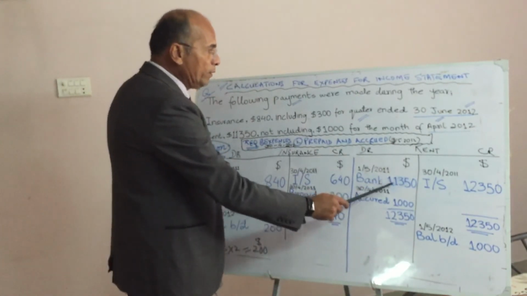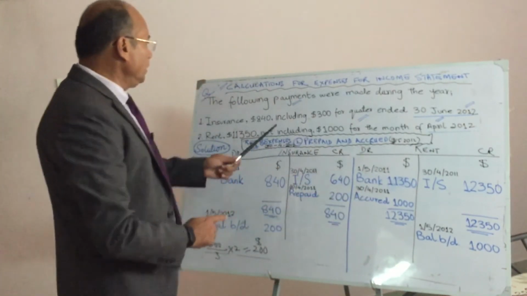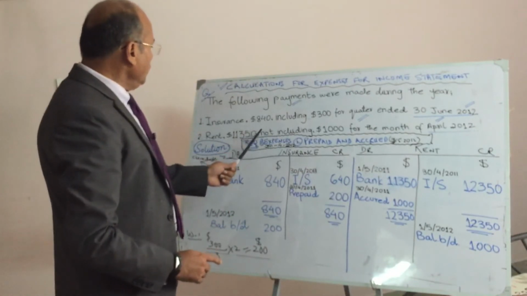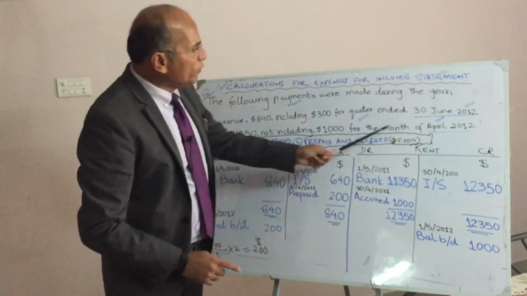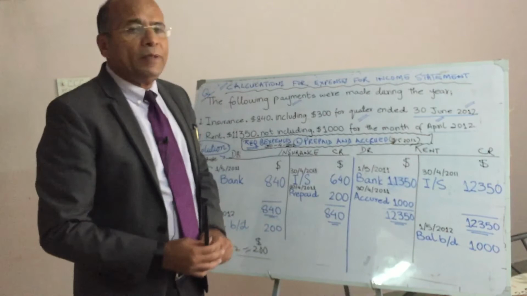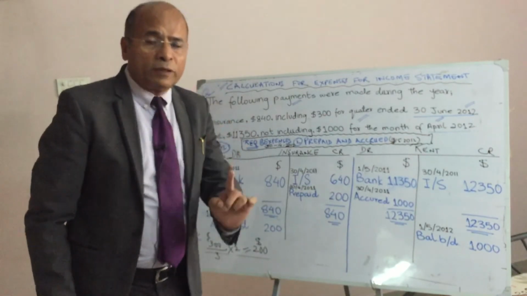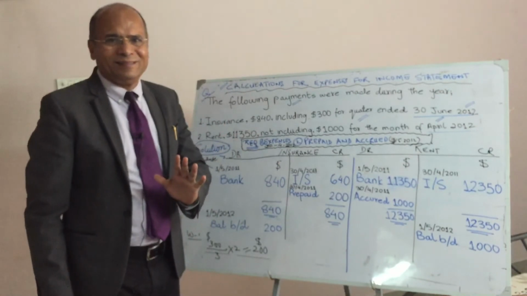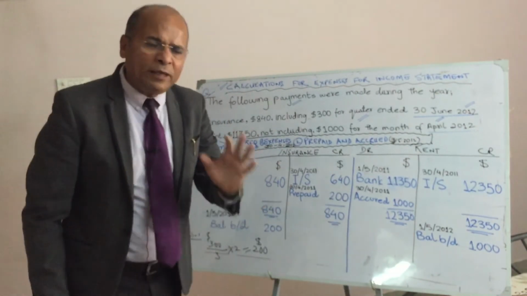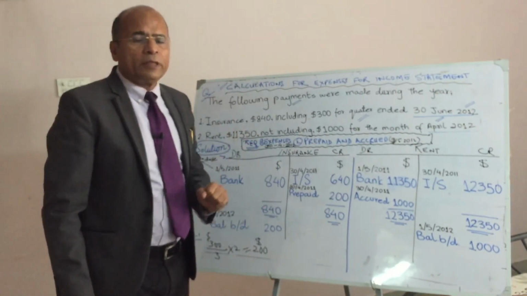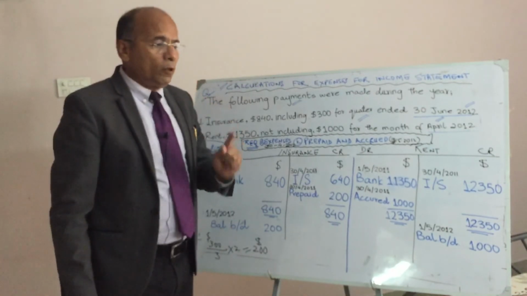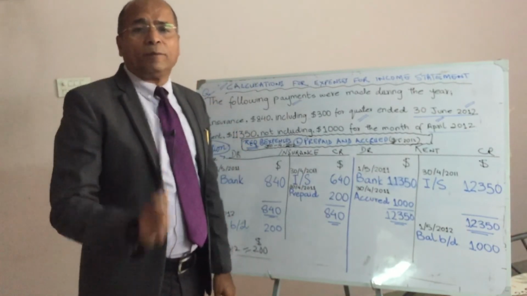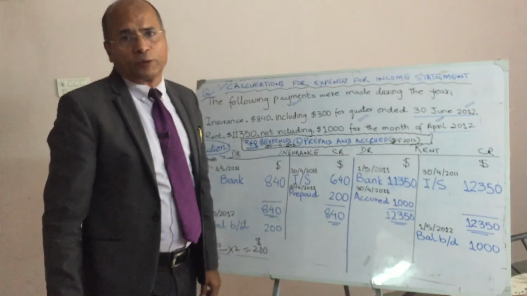And then he says, not including 1000 for the month of April. It means an amount of 1000 against which I have already received the services, but I did not make the payment of that specific amount. It means I am supposed to charge that amount also to the income statement as an expense.